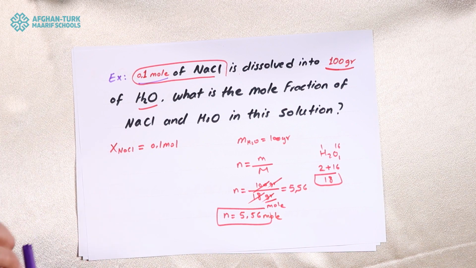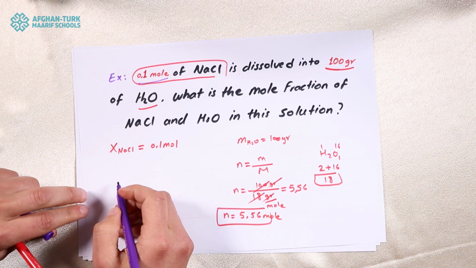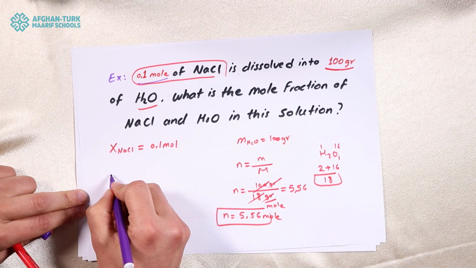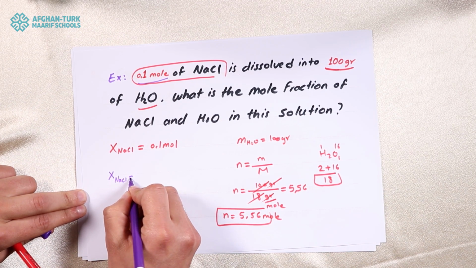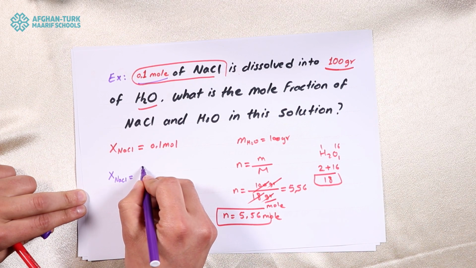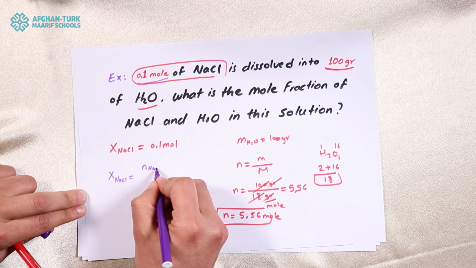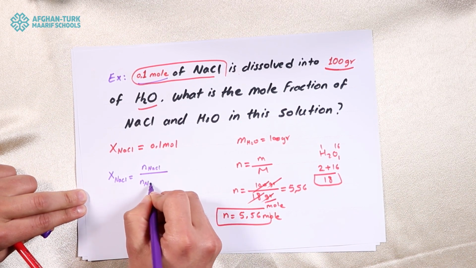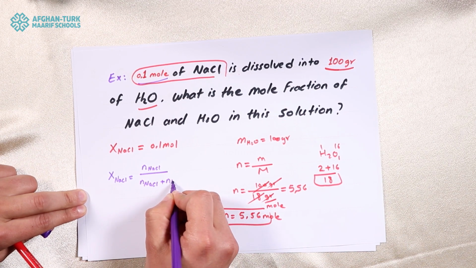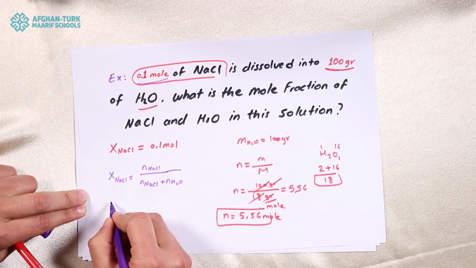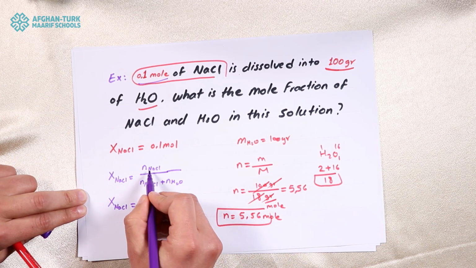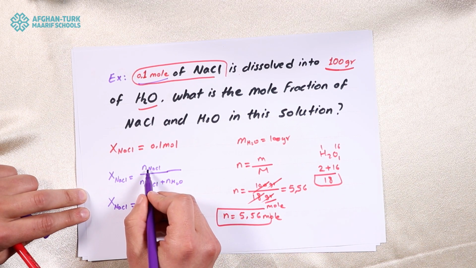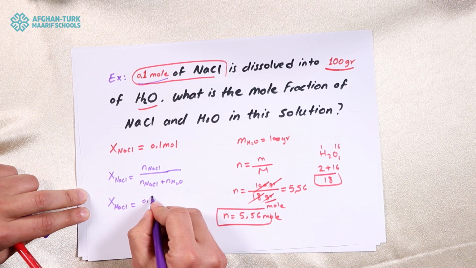Okay, I'm going to find now the mole fraction. For example, the mole fraction of sodium chloride. Here I should write mole of what? Mole of sodium chloride over mole of sodium chloride plus mole of water. Mole fraction of sodium chloride is equal to: what is the value of mole of sodium chloride? 0.1 mole.